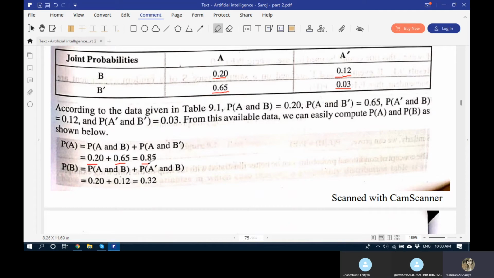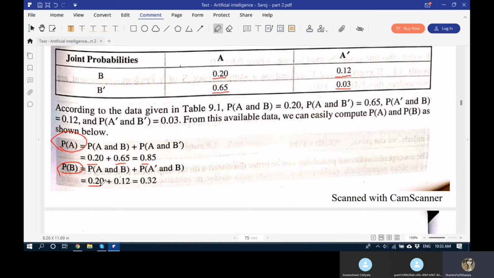This is the individual probability of A. Here you have joint probability of A and B, and after you solve this equation you get individual probability of B.